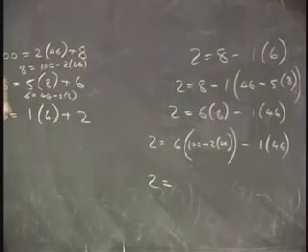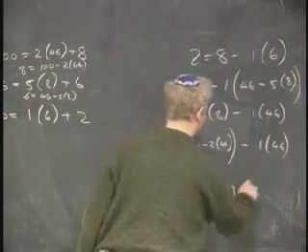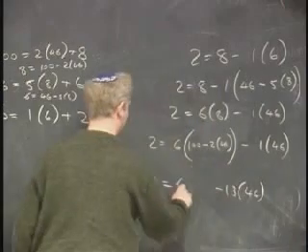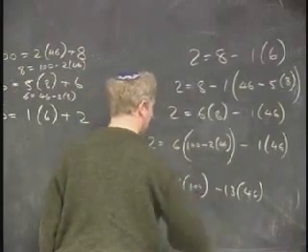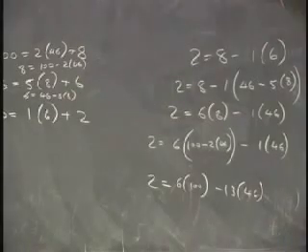Minus 12 minus 1, 13 46s? Is that right? And 6 100s. So 6 times 100 minus 13 times 46, that's better equal 2. And now you've got a linear combination of 100 and 46 equaling 2, which is what I promised you we could get if it was the greatest common divisor.